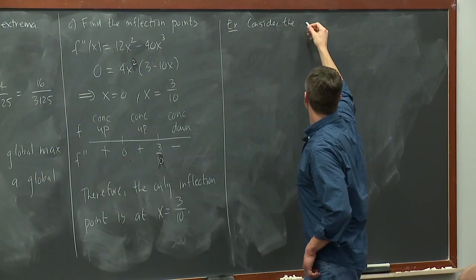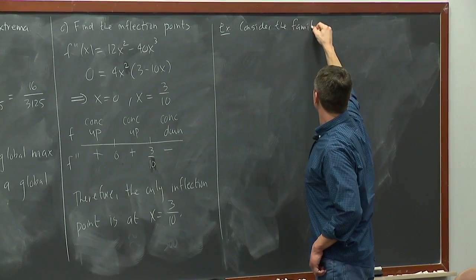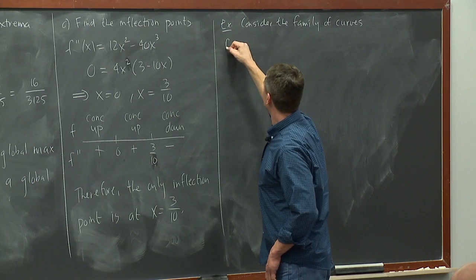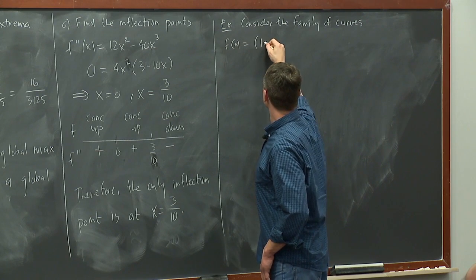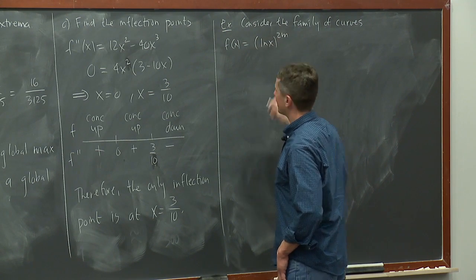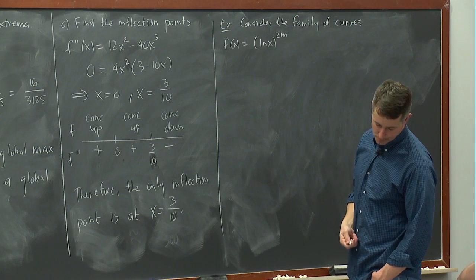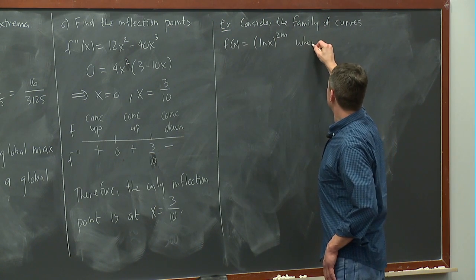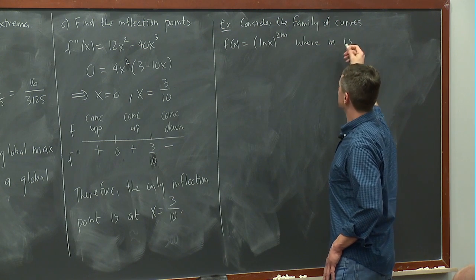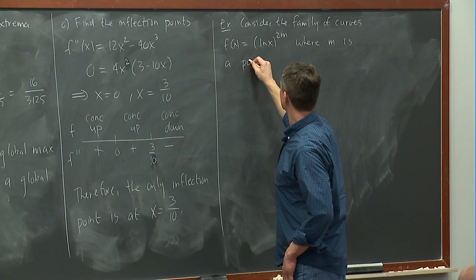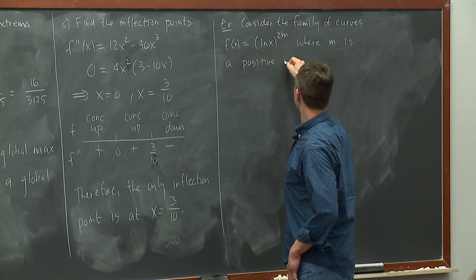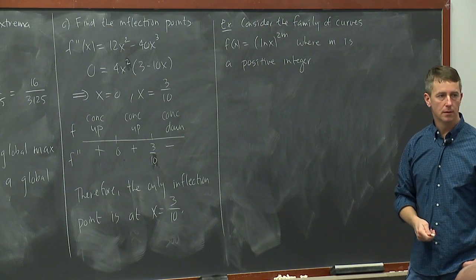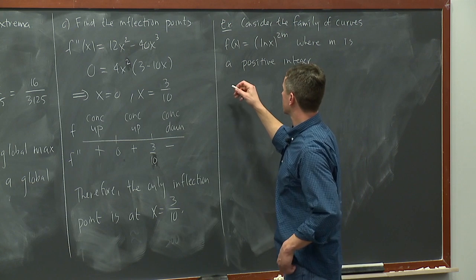So let's consider the family of curves F of x equals ln of x to the 2m, where m is a positive integer. We'll start with the critical points.